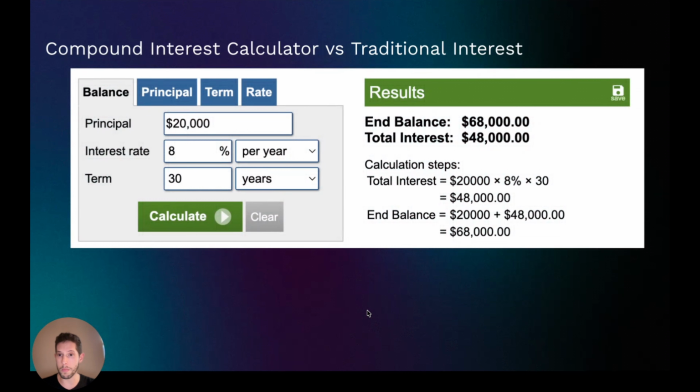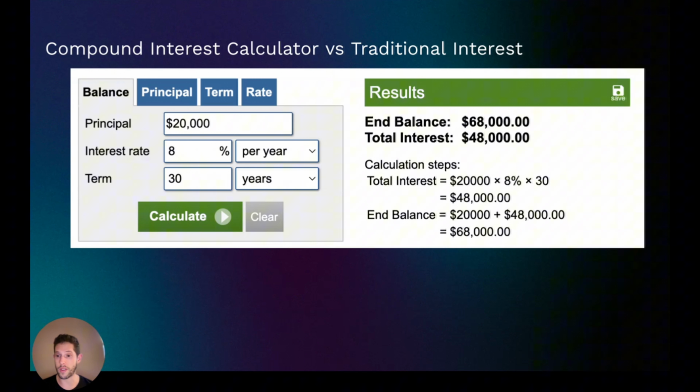So same inputs here, that $20,000 we start with at 8% per year for 30 years, we're going to have $48,000 in traditional interest, $1,600 a year again, but for 30 years. So $48,000 of interest plus the original 20, we are at $68,000 total in this traditional account, traditional interest over 30 years.